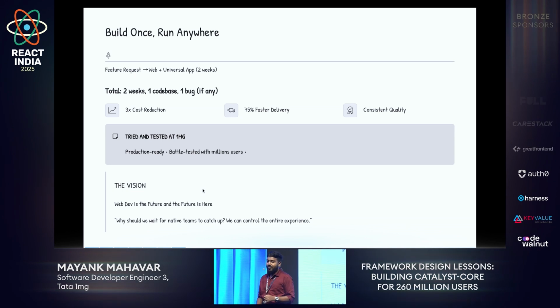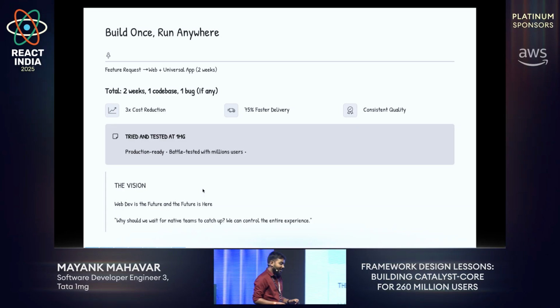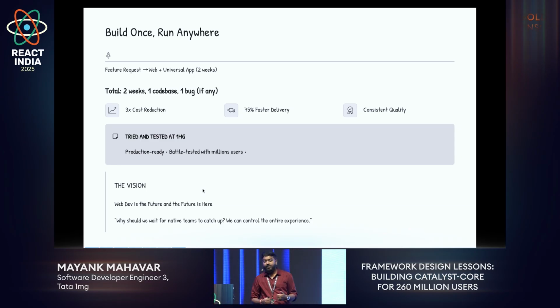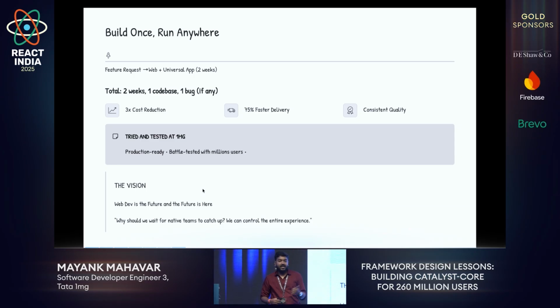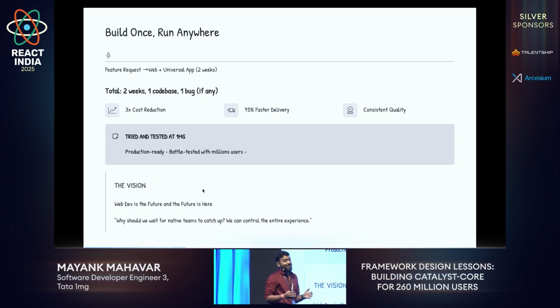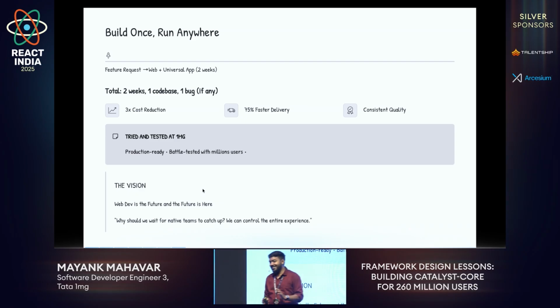If I had a bug, I will have only one bug, and if I solve it in web, it will be solved on all 3 platforms. I have a 3x cost reduction. My delivery becomes faster. I am able to give a consistent quality.